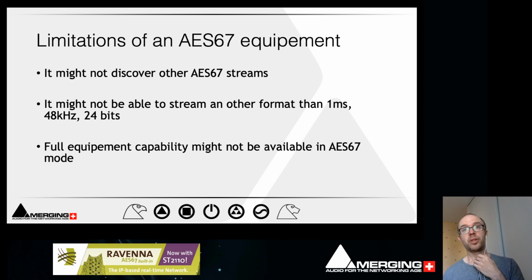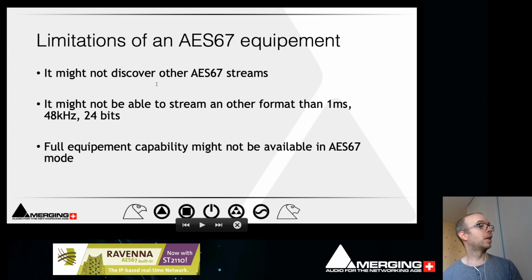If you remember, yesterday we tried AES67 with Dante, and with Dante we noticed that the number of streams is limited. Yet 32 streams is more than enough to do AES67 with Dante, but it's a limitation, and also a limitation that you can put only a channel in one stream and not 2 streams.